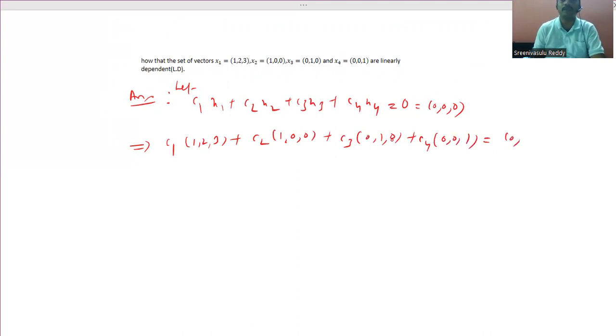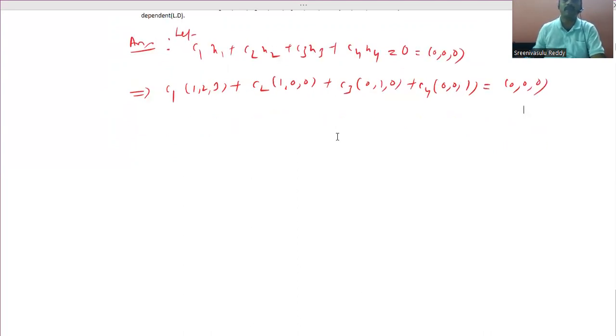I substitute the vector values. Now, on the left hand side, you have a constant multiple of a vector. Send the constant inside, and it becomes a sum of the vectors. 0 into a scalar equals 0, so I put a 0.